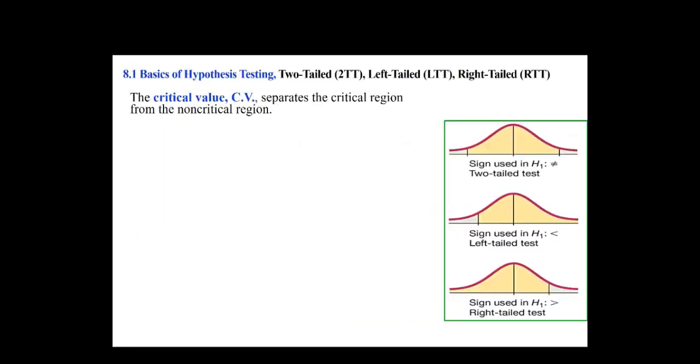Two-tailed test, left tail test, right tail test. I want you to look at the right side and the graphs. Two-tailed test, as you can see, takes the inequality sign, and it has two tails.